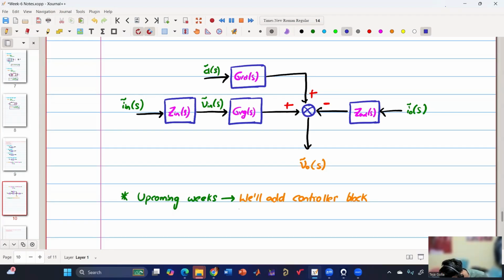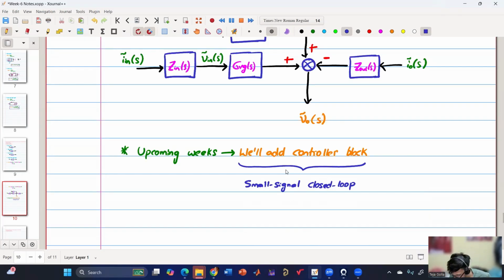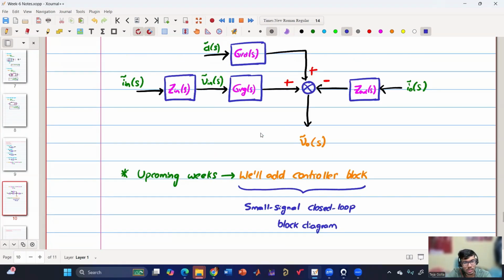So that we'll study in the upcoming weeks. That is called the overall small signal closed loop block diagram. The controller block has not yet come. So if it comes, where will it fit and how will it look? That will be in the upcoming week.